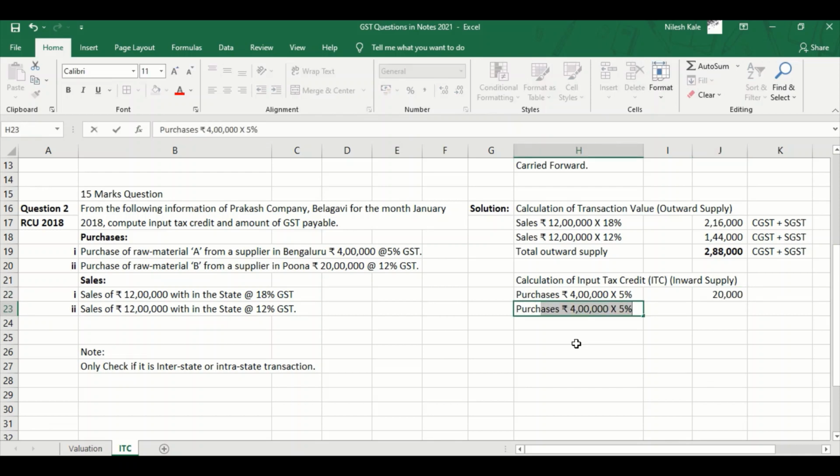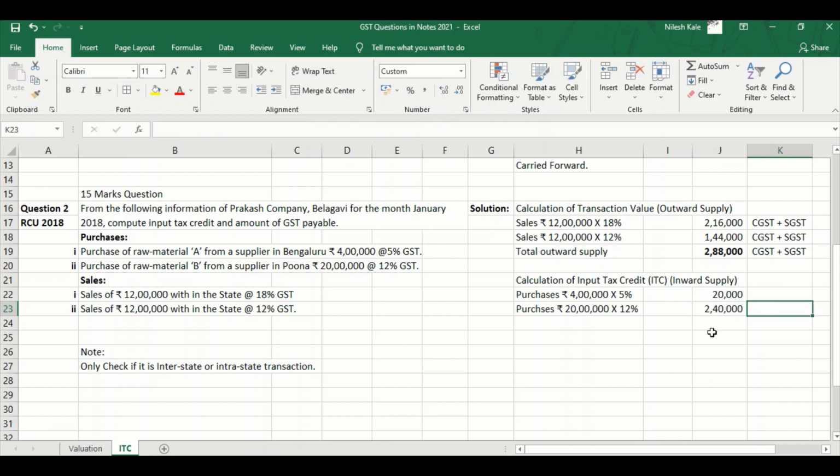Next, purchases rupees 20 lakh into 12% GST. 20 lakh into 12 divided by 100.